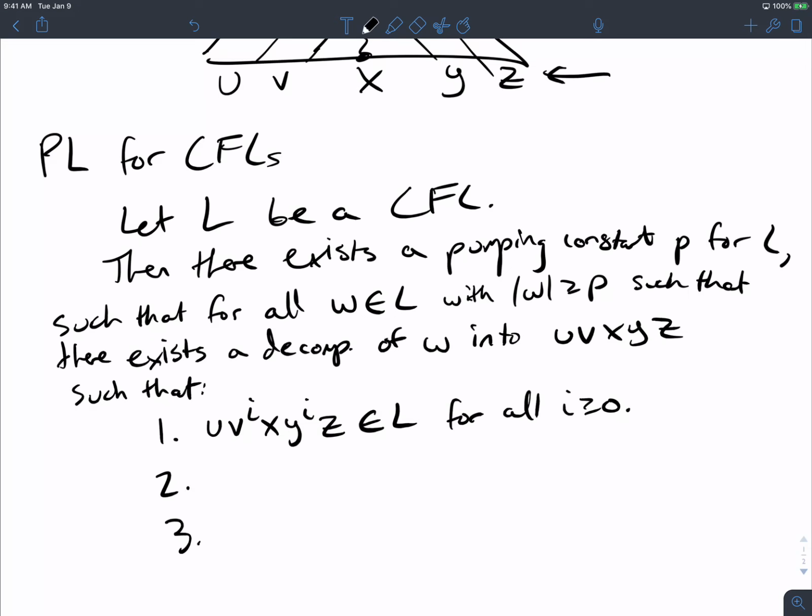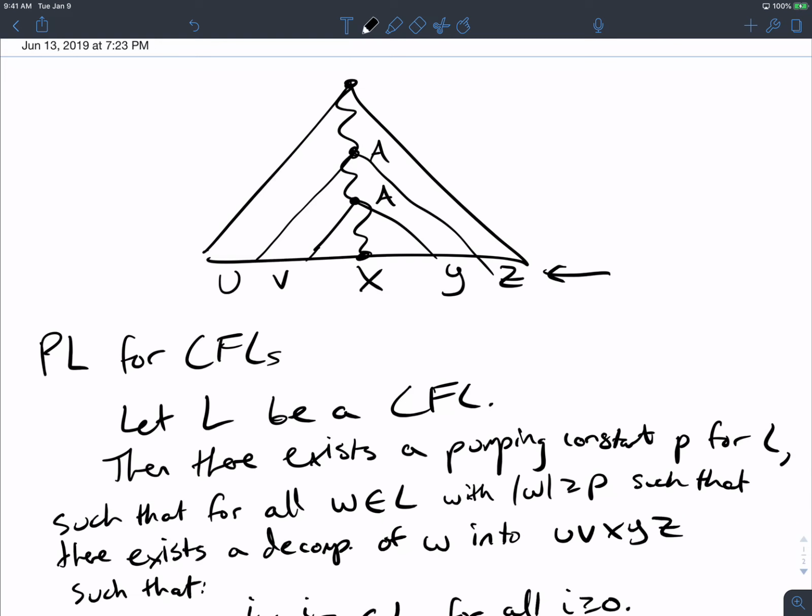If the second occurrence of that repeated variable occurs right after the first one, then looking at the single path through, the other side must generate something, because no variable can make the empty string other than the start variable. So the other side might coincide with the first occurrence and have one of V and Y being empty, but the other side of that sub-parse tree must generate something of the string, because it's not the start variable.